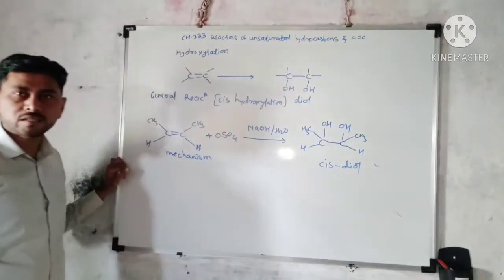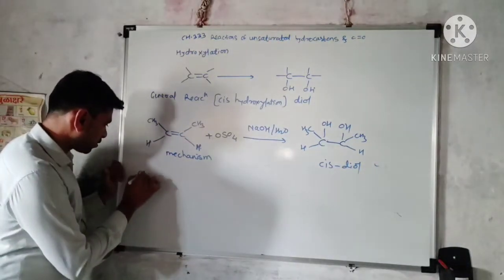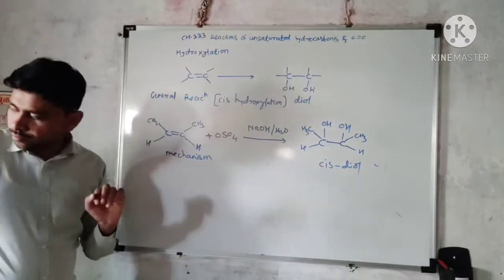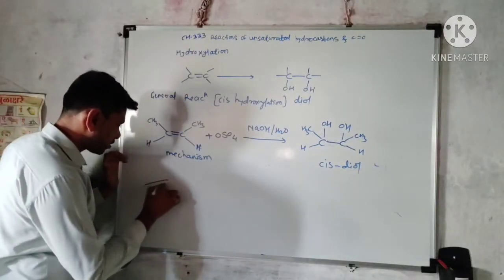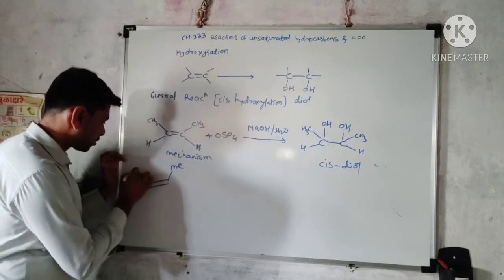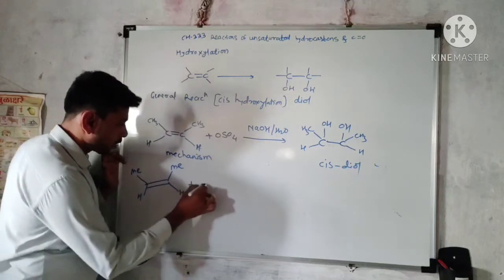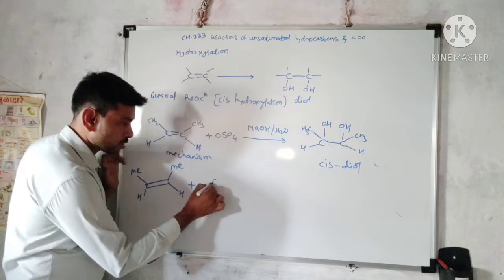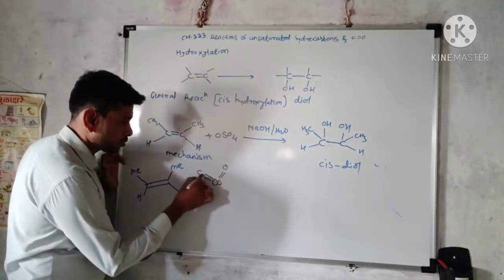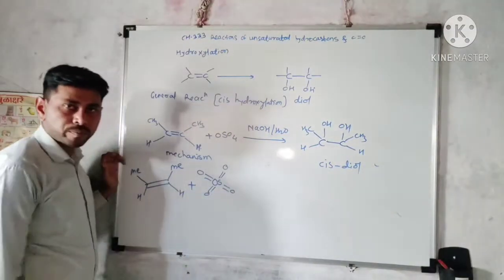So let's see the mechanism of this reaction. See, this is a methyl group, this is another methyl group, hydrogen, here hydrogen, and osmium tetroxide. This is the structure of osmium tetroxide.